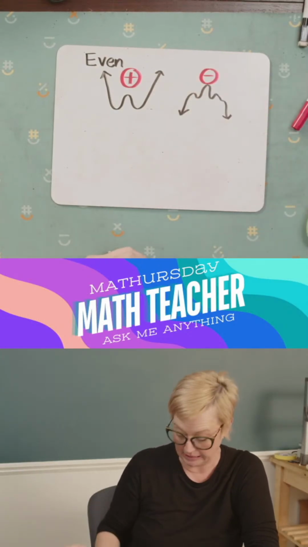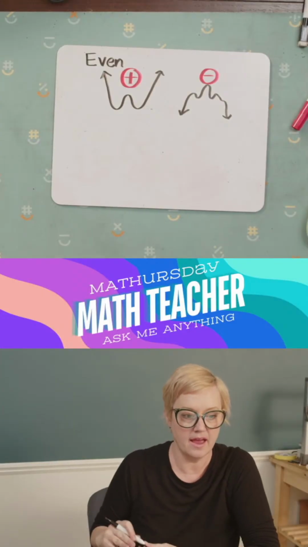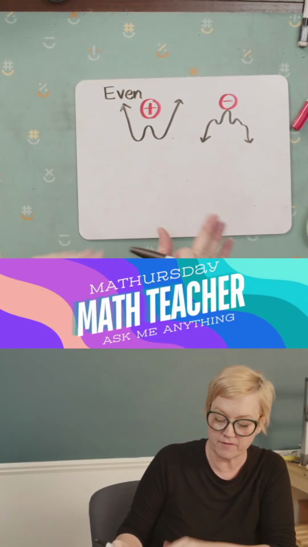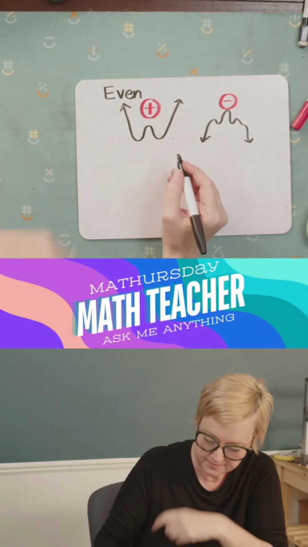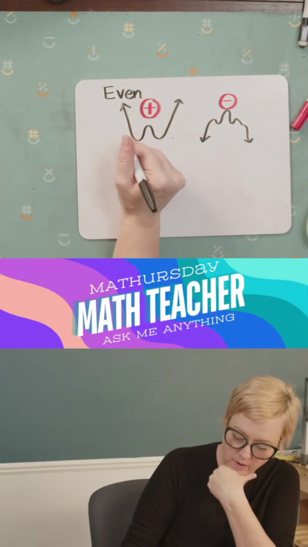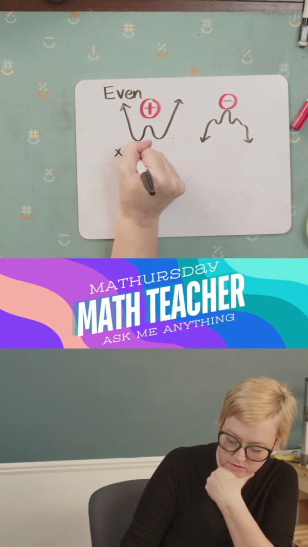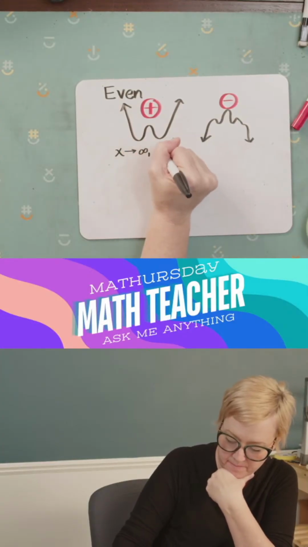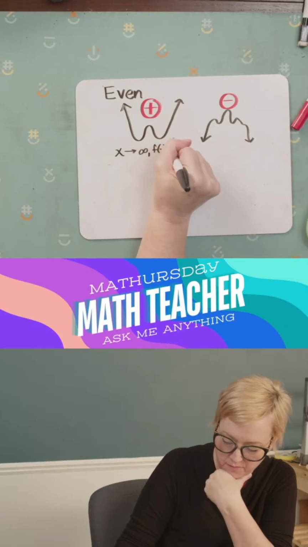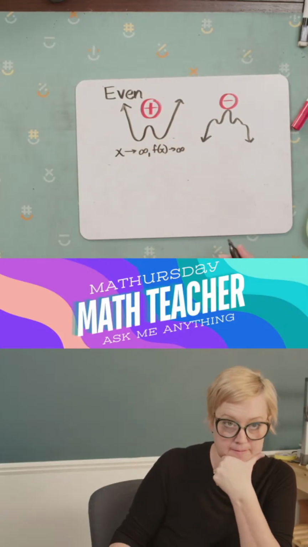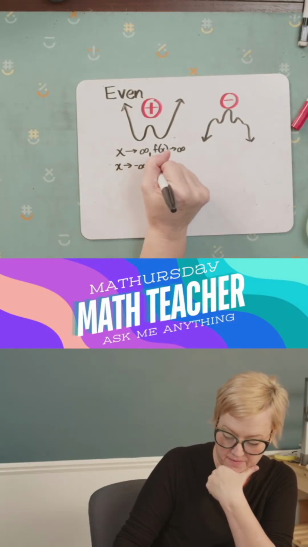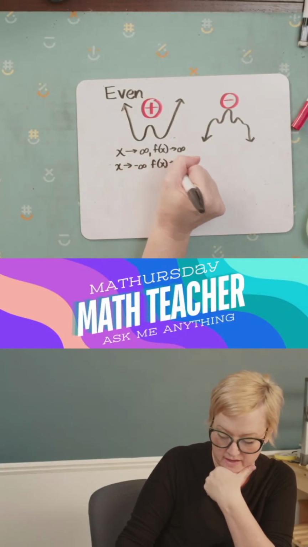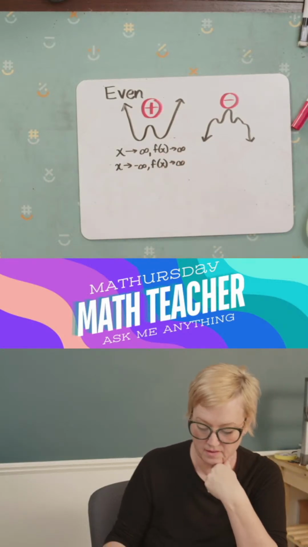Now, if you have to write this out: as x goes to positive infinity, f of x is going to positive infinity. As x goes to negative infinity, f of x is still going to positive infinity.